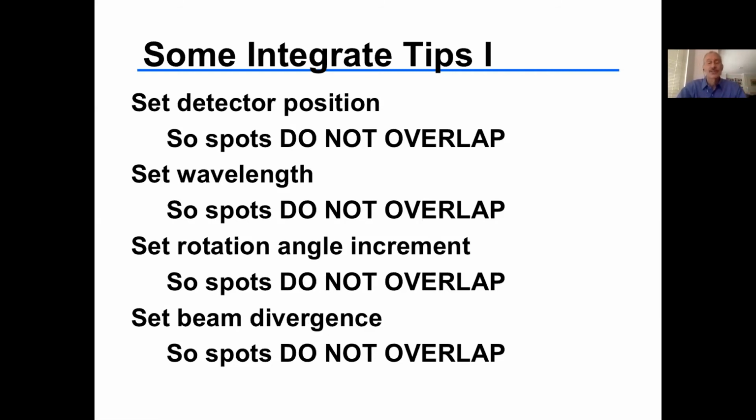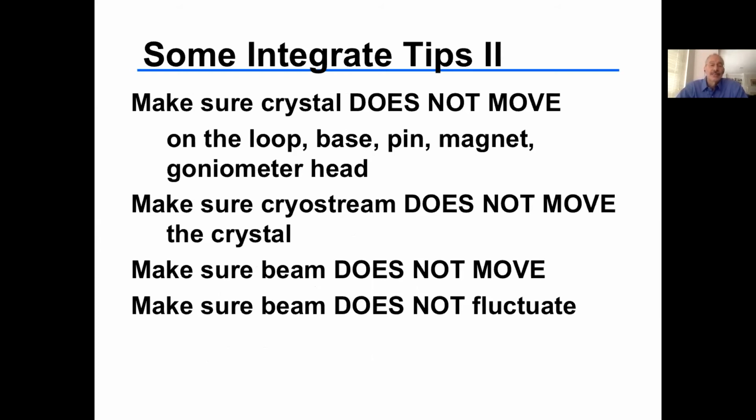You want discrete spots as much as you can. If some spots overlap, you're going to get away with it, but not if all spots overlap. And you will certainly have a better and easier time of data processing if, guess what, the spots do not overlap.